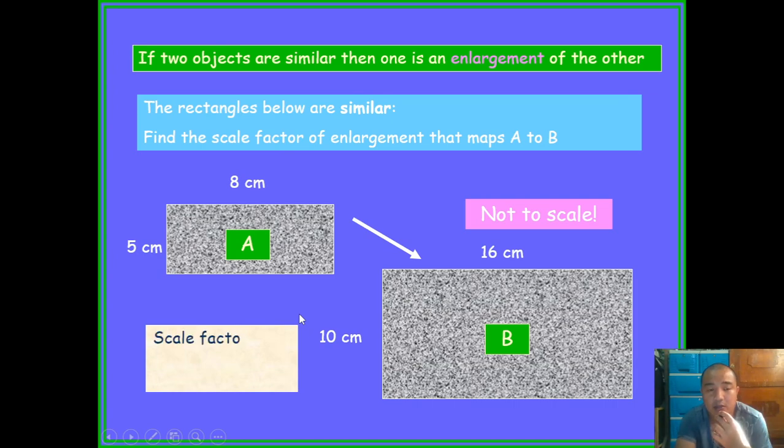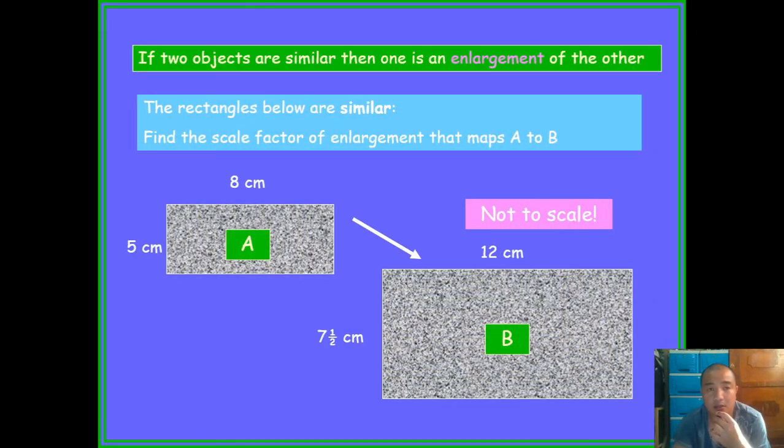The scale factor is times 2. Note that B to A would be times 1 half. 8 times 2 is 16, 5 times 2 is 10. So the scale factor is the same, times 2. Or 16 divided by 2, or 16 times 1 half is 8, 10 times 1 half is 5. So they're similar.